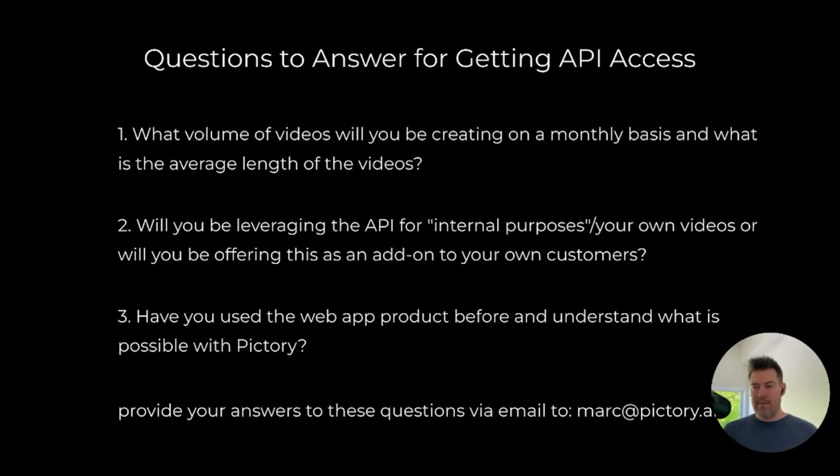So all I need you to do in order to get access is to answer these 3 questions as completely as possible and email them to me. Or I also have a form that I can share with you, which will automatically be submitted to me, if that's easier than remembering the questions, because they're already outlined there as well. But really pretty simple.